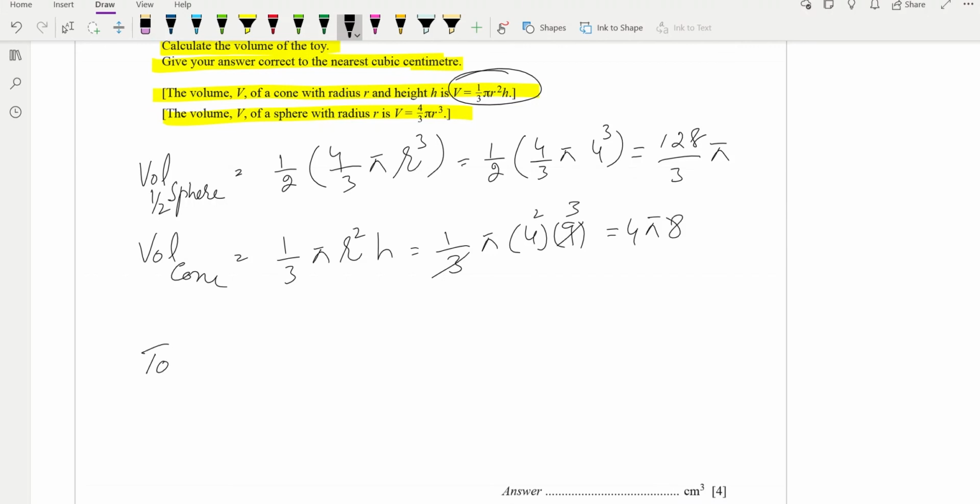So total volume will be equal to 128 over 3 pi plus 48 pi.